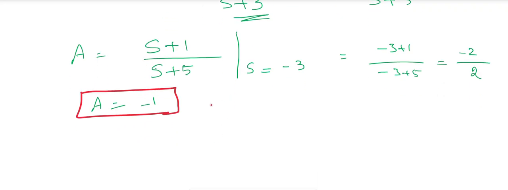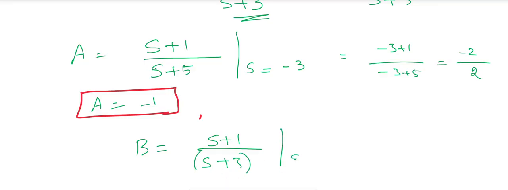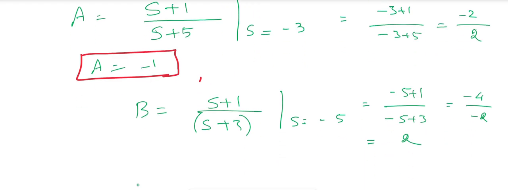Similarly, you find B. B is S plus 1 by S plus 3, where S is equal to minus 5. So minus 5 plus 1 by minus 5 plus 3 is minus 4 by minus 2, which is equal to 2. So B is equal to 2.